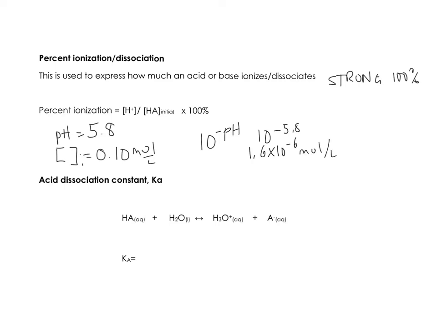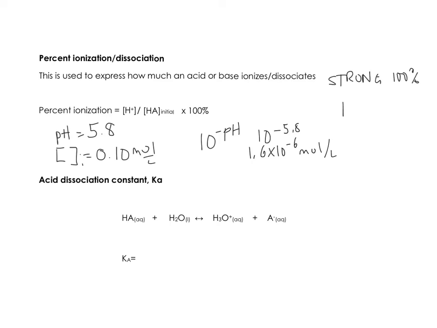There should be one significant digit because of the 1 decimal place, but I'm going to carry 2 because this is an intermediate calculation. If I was going to round this off to just the hydrogen ion concentration, it would be 2 times 10 to the negative 6.